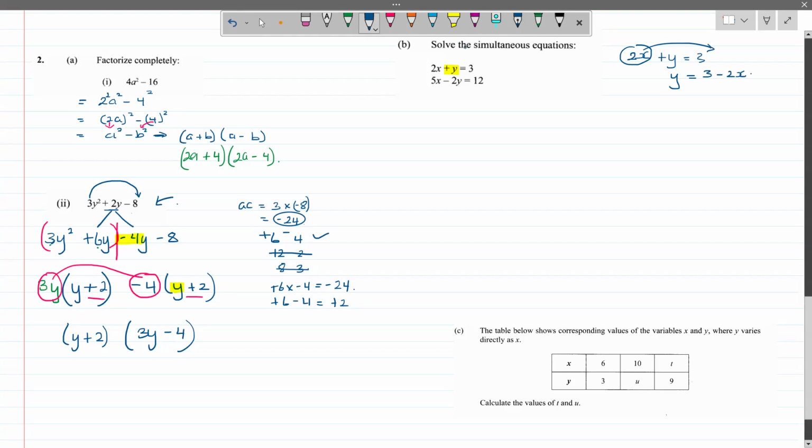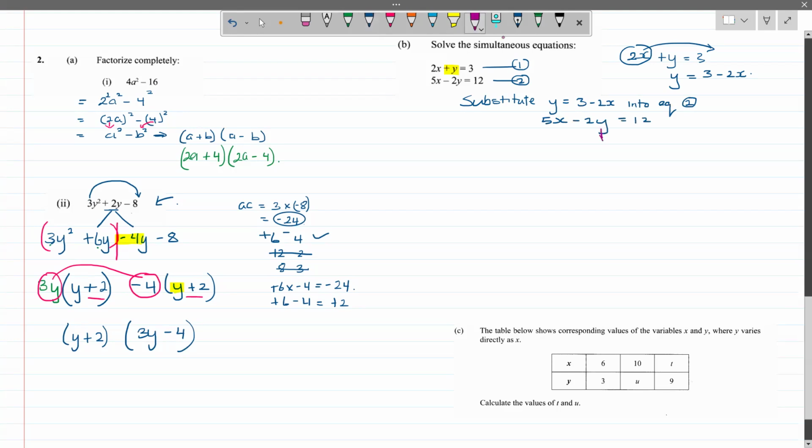Now that I have y is equal to 3 minus 2x, I can simply substitute y is equal to 3 minus 2x into, this is equation 1, this is equation 2. We'd substitute it into equation 2. So I have the equation 5x minus 2y is equal to 12.